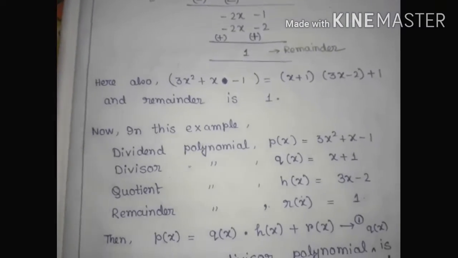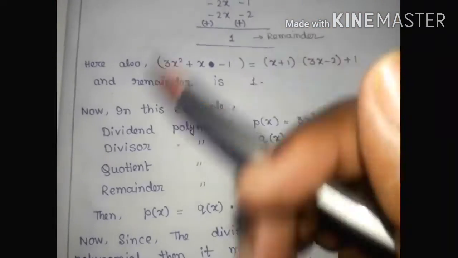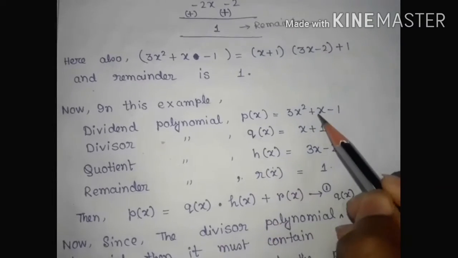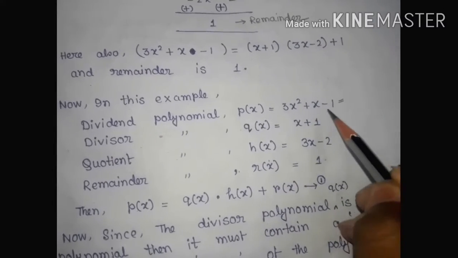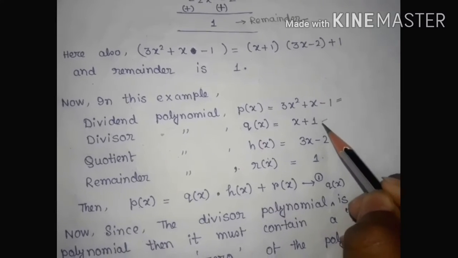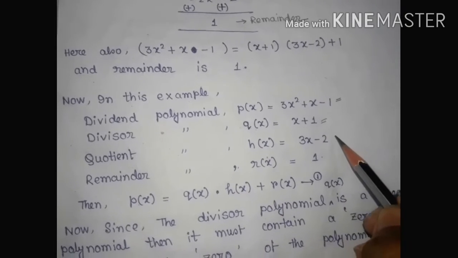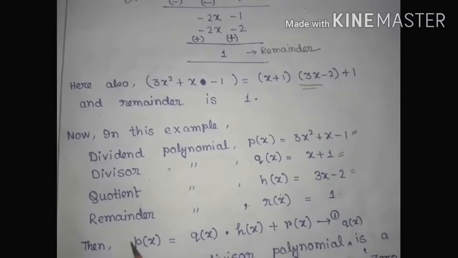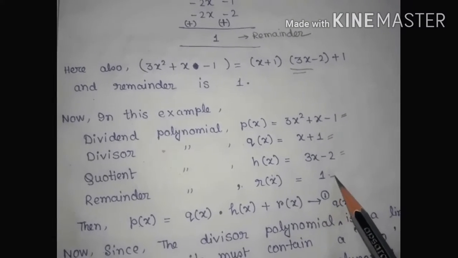Now in this example, the dividend polynomial is px equal to 3x square plus x minus 1, the divisor polynomial is qx equal to x plus 1, the quotient polynomial is hx equal to 3x minus 2, and the remainder polynomial is 1.